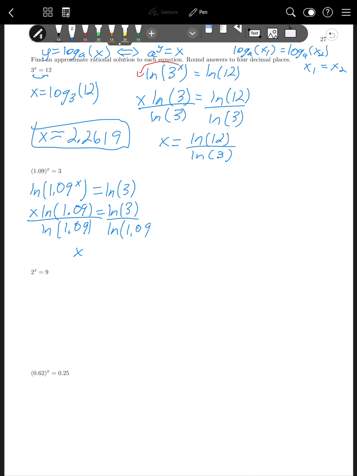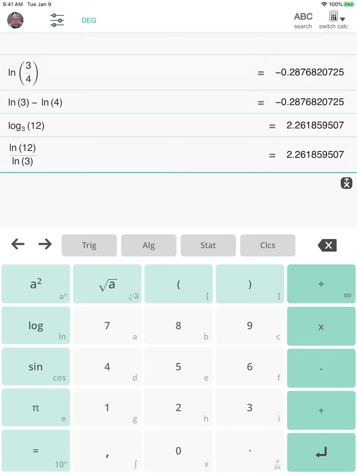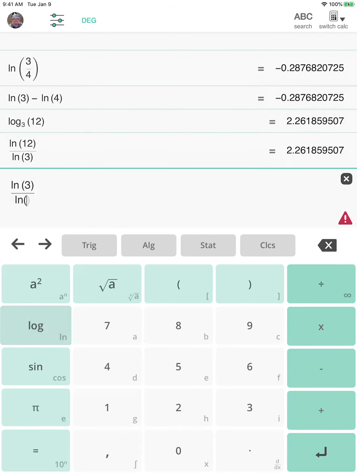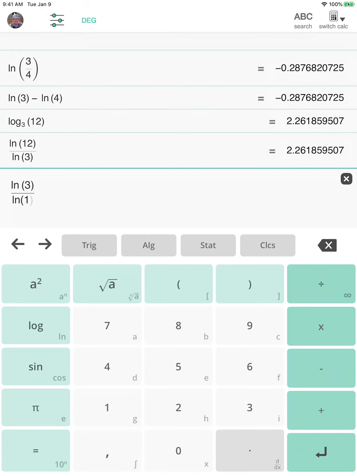So x equals the natural log of 3 divided by the natural log of 1.09, which we can then put in the calculator to get an approximation. So the natural log of 3 divided by the natural log of 1.09, which is 12.7482.